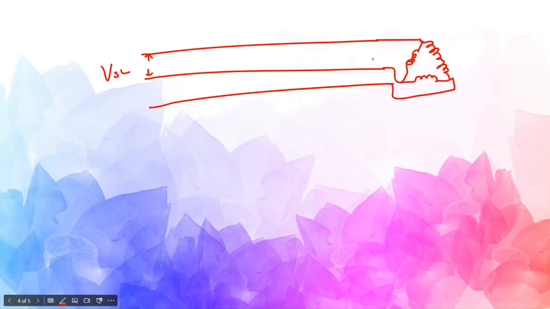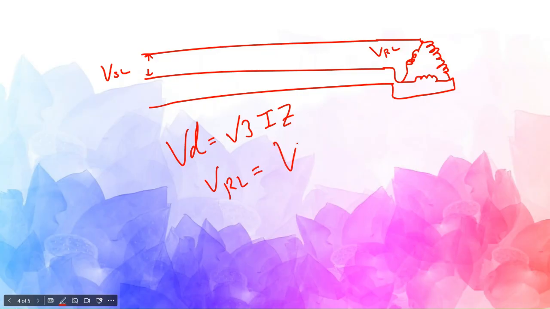We want to know what the VRL, receiving end voltage, is. The formula for this is root 3 I Z, where Z is the impedance. This is VD, the voltage drop. So VRL equal to VSL minus root 3 IZ. So that is the formula.